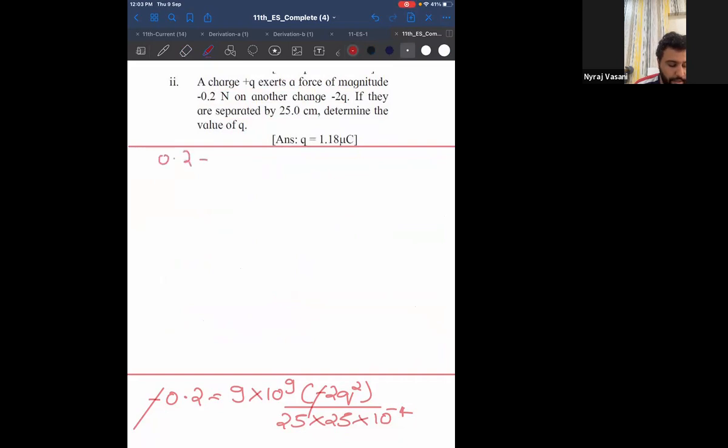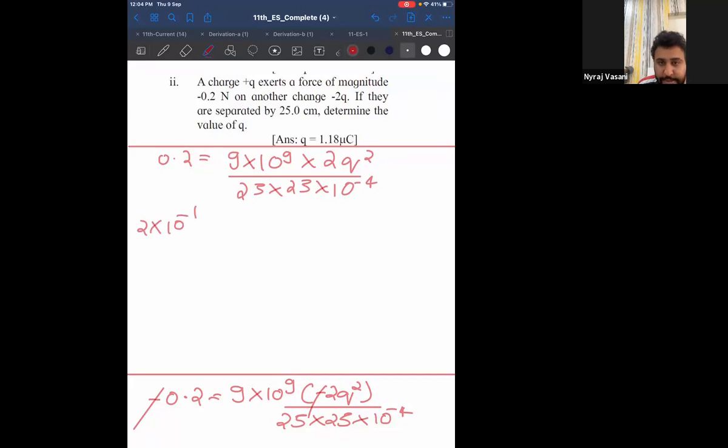0.2 equal to 9 into 10 power 9 into 2Q square upon 25 into 25 into 10 power minus 4. Correct? Now please look at the screen. Now tell me, 0.2, can I write it as 2 into 10 power minus 1?